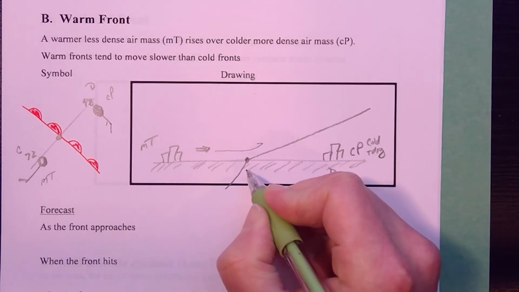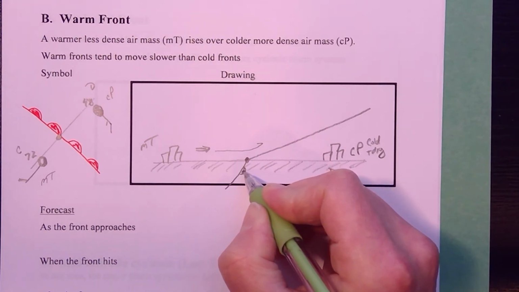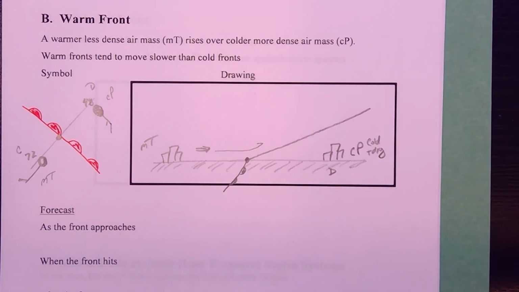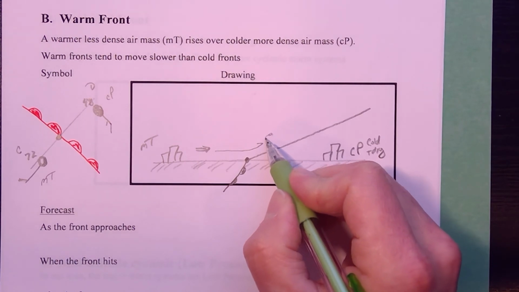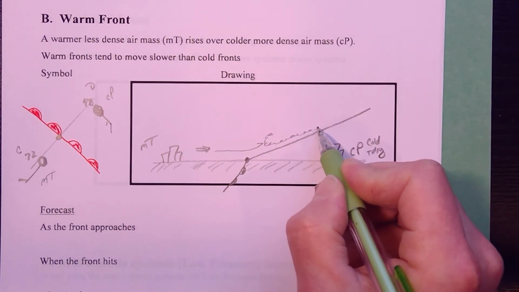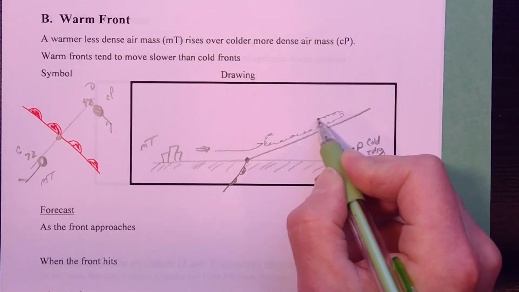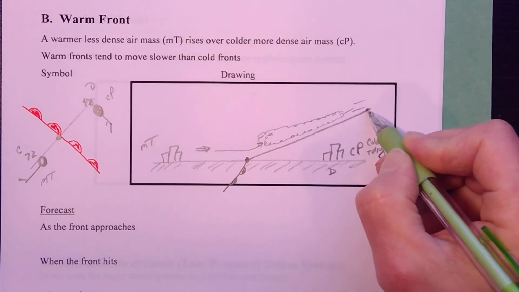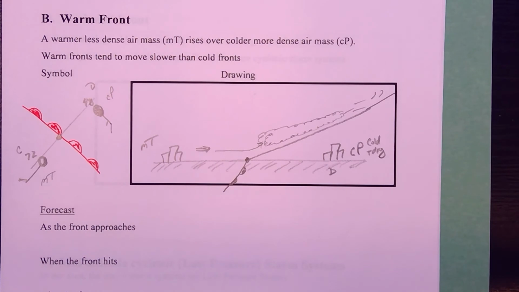So here's where the symbol is drawn on the weather map, on the surface where the two air masses meet. But most of the clouds that you get are going to be in this overhang portion of your warm front.